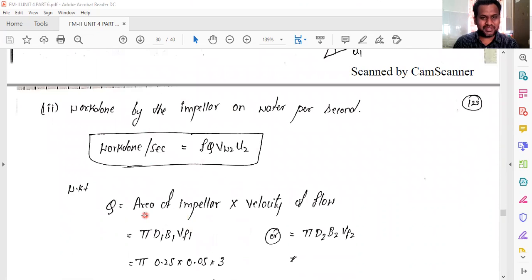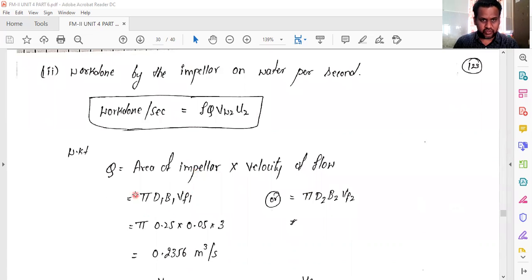So Q is nothing but discharge, that is area into velocity, that is area of the impeller into velocity of the flow. Sorry, area of the impeller is pi into D1 into B1 into velocity of the flow is Vf1. So that's why B1 is given, to find the discharge. Area of the impeller is pi D1 B1 into Vf1, or pi D2 B2 Vf2.